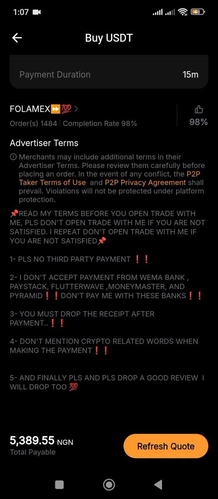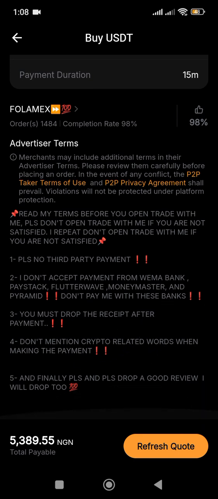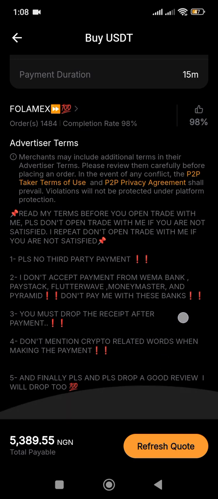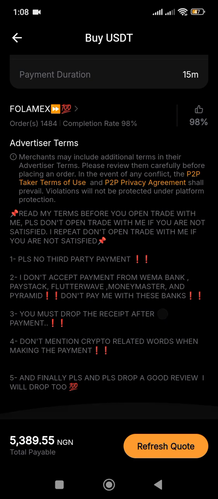That means he doesn't have USDT again to sell. But let's complete it. It says, don't mention crypto related words when making the payment. Okay. And finally, please drop a good review. I will drop two. Okay, so that is it.